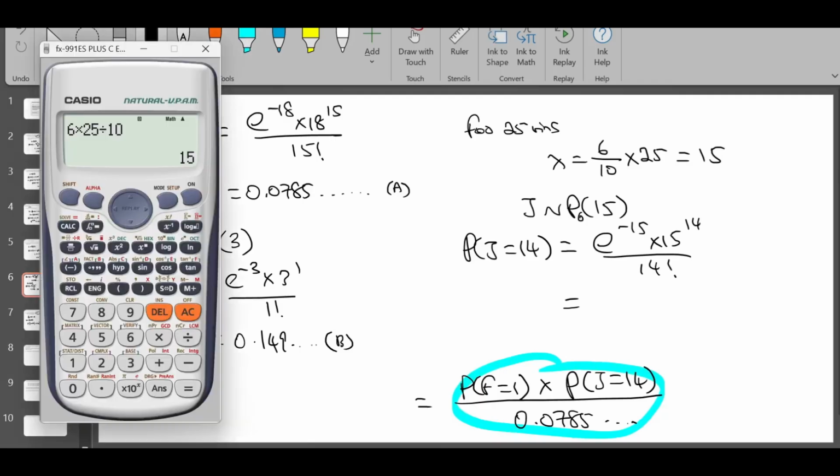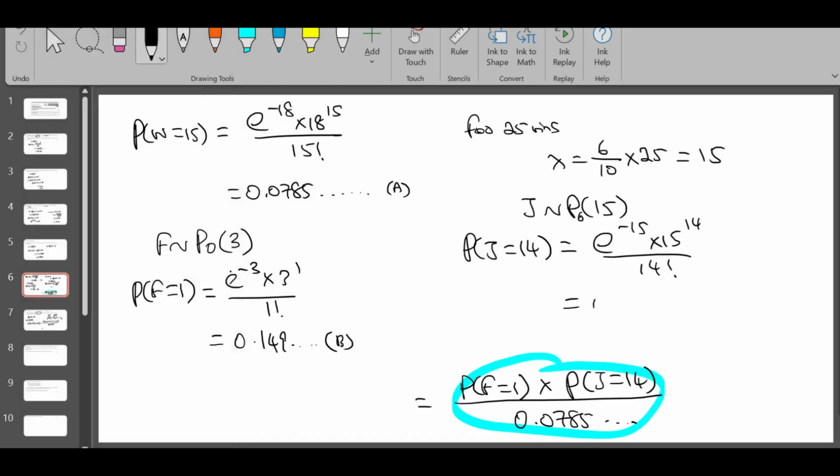Let's calculate this first. e to the power minus lambda times lambda to the power x over x factorial. Save this as C. It is 0.1024.